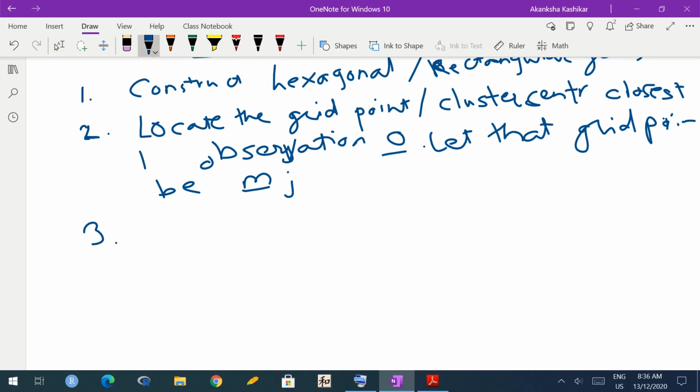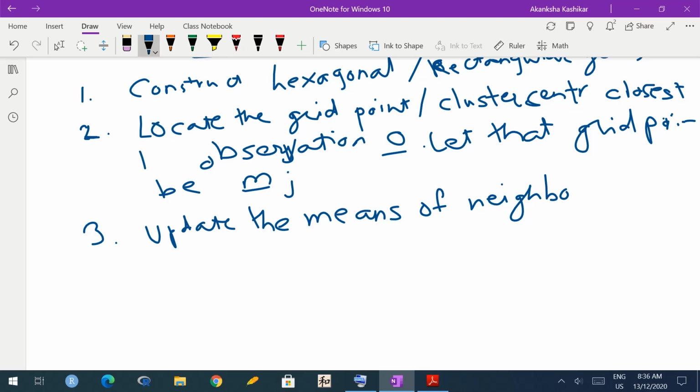Now update the means of neighboring clusters as well as jth cluster.